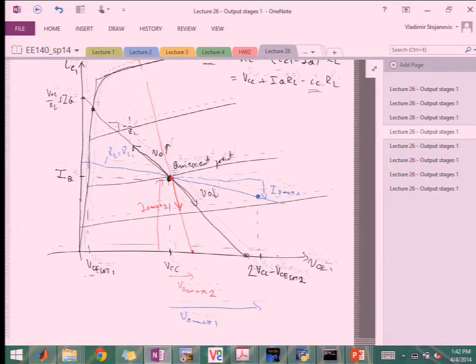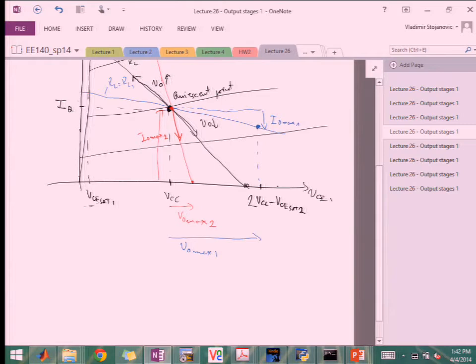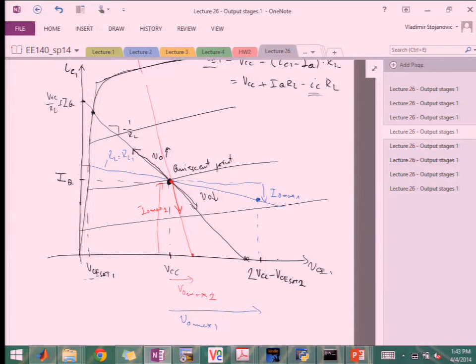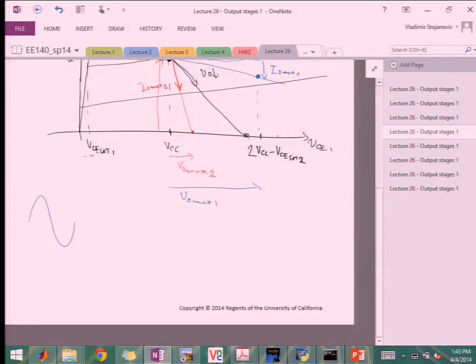Okay. If I define the power, the average power, remember we're, for example, sending in a sine wave. Okay. So a sine wave with amplitude VO max has what power?